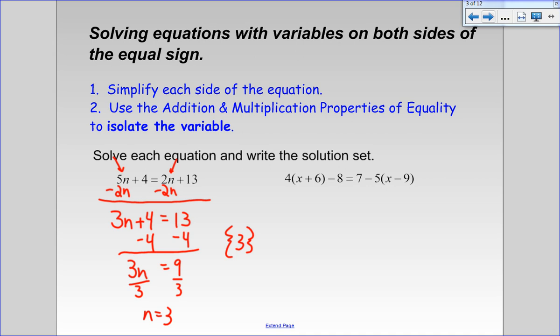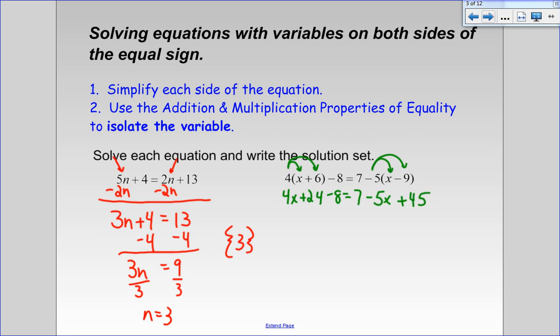For our final example, there's actually a lot of simplifying that has to happen on each side of the equation before we can begin to isolate our variable. So let's distribute the 4x plus 24, carry down our minus 8, and we also distribute our negative 5, minus 5x, and that will become positive 45.